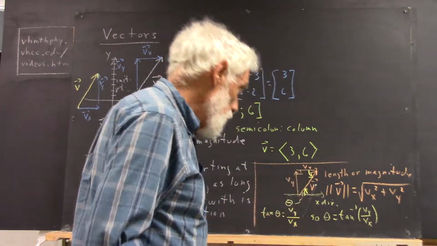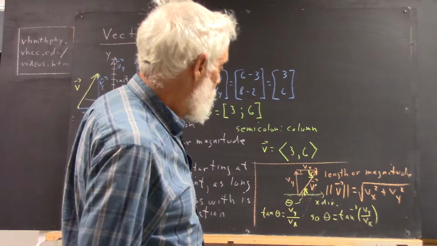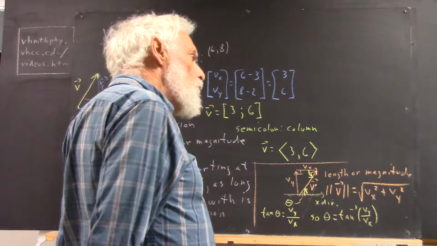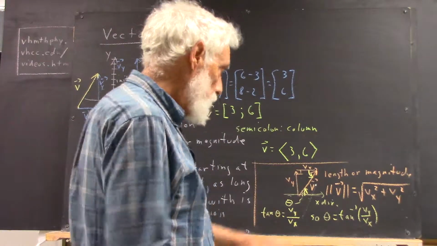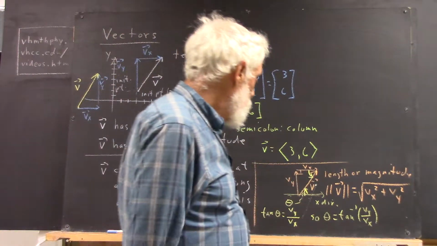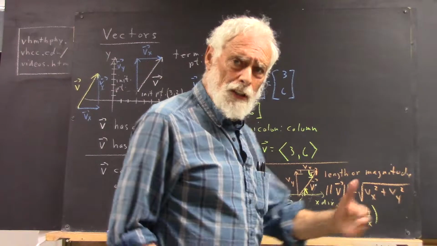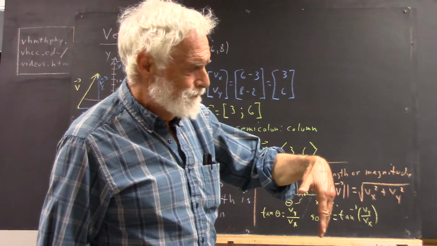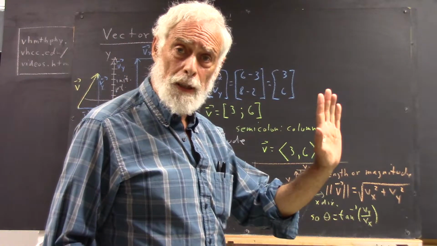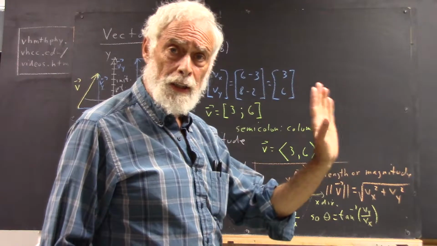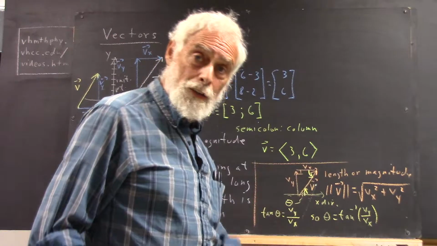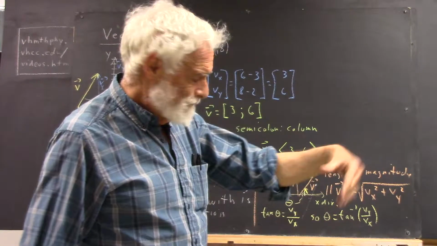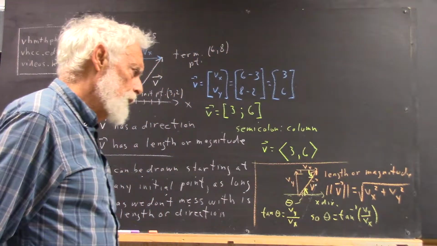Won't uniquely define the direction of the vector. So, one problem with the inverse tangent, as I hope you know, and if you don't, be sure you review this, is that the inverse tangent is an angle between negative pi over 2 and pi over 2, or negative 90 degrees and 90 degrees. It doesn't go between 90 and 270 and negative angles and all that stuff, okay?